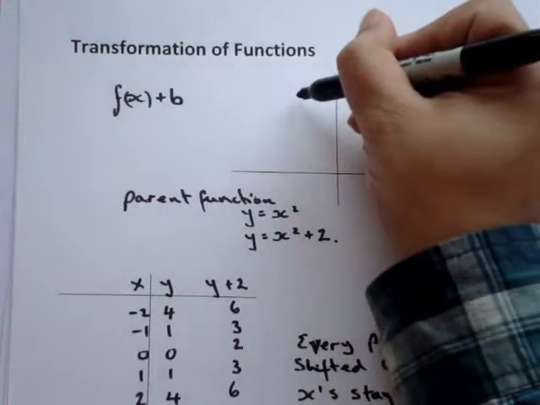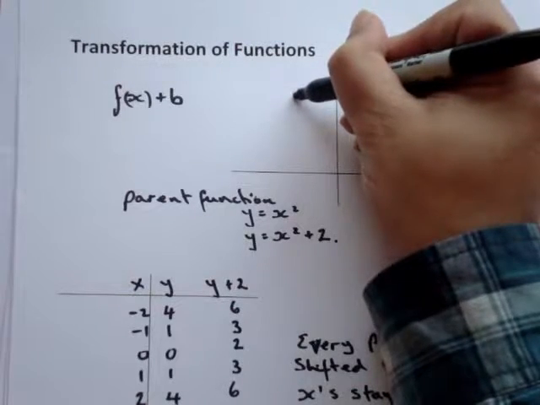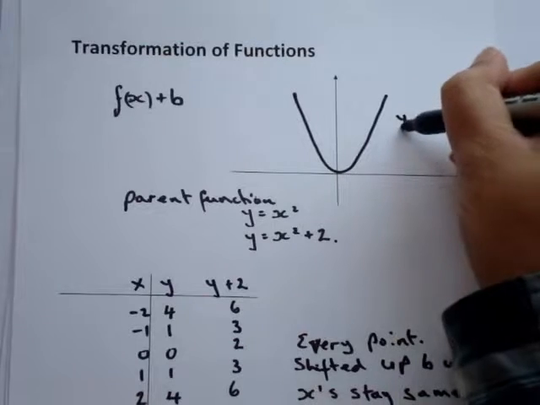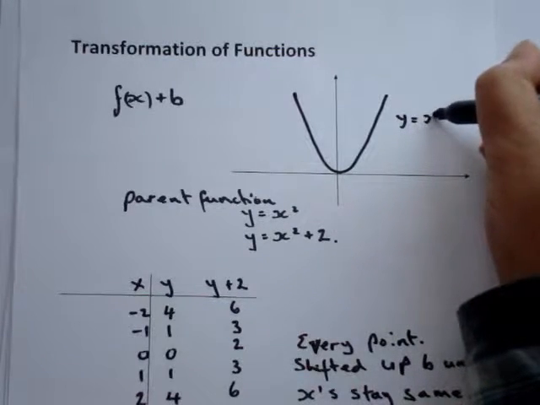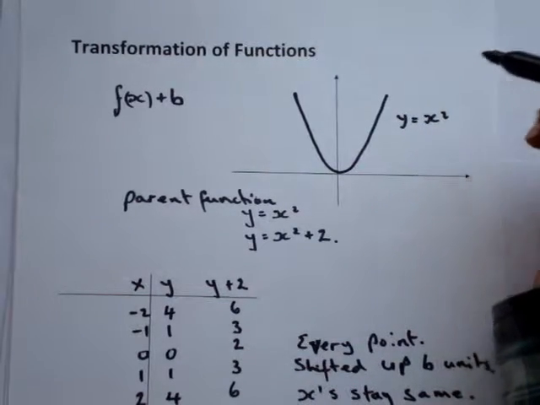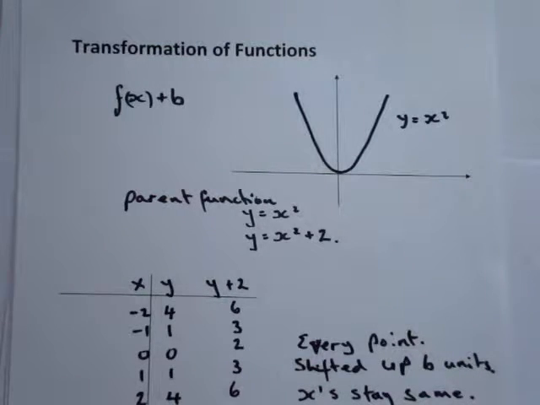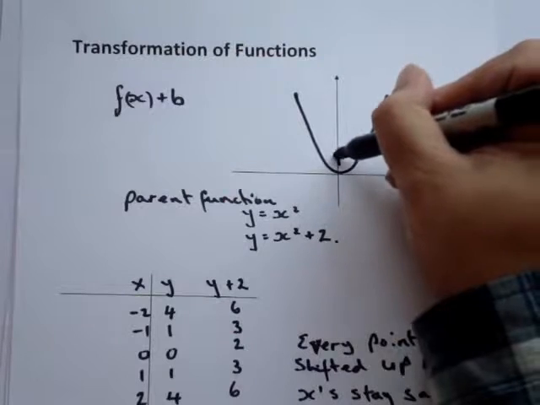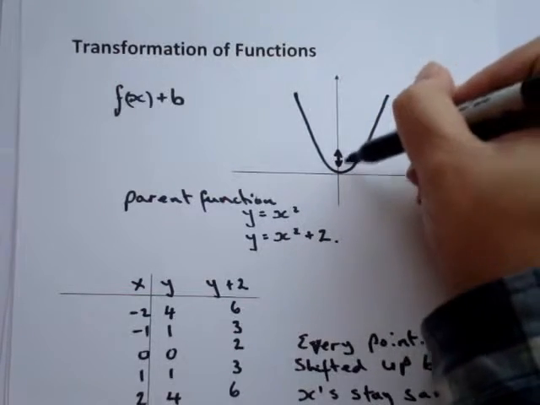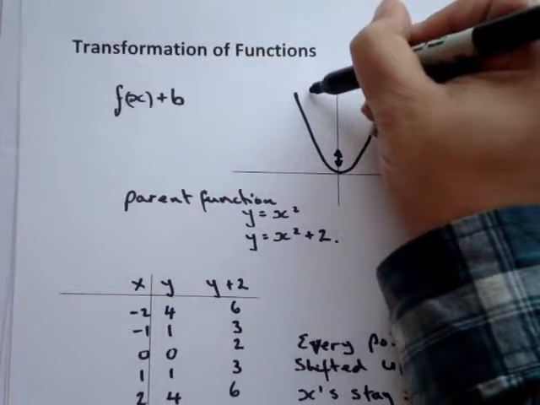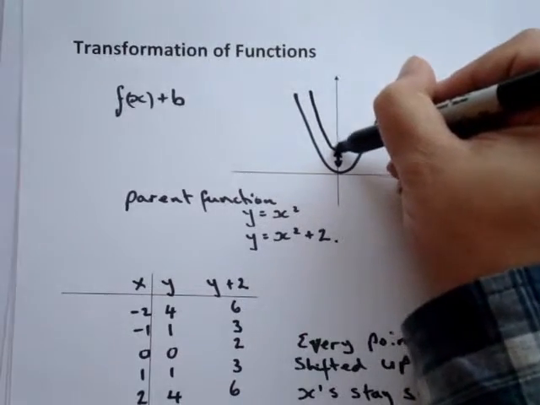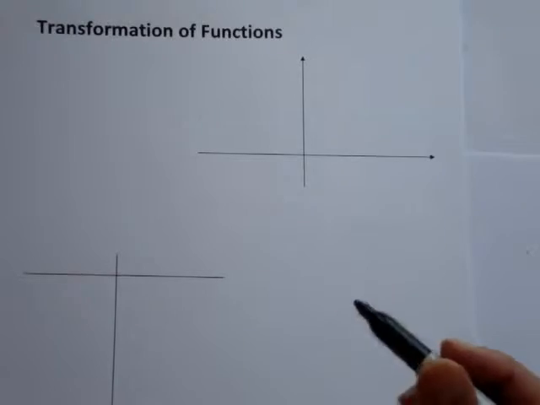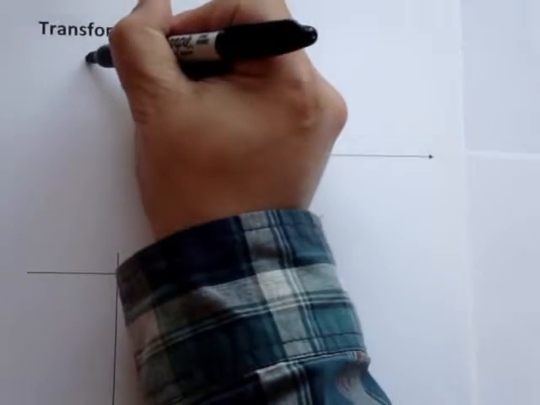So we would have y equals x squared here, and then our transformed graph moves up 2 units, or b, and it would be like that.